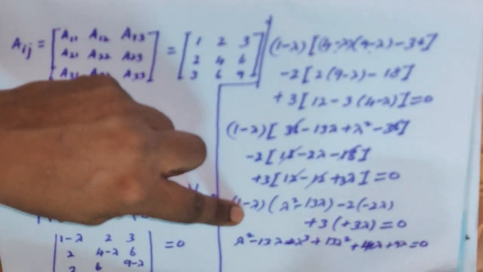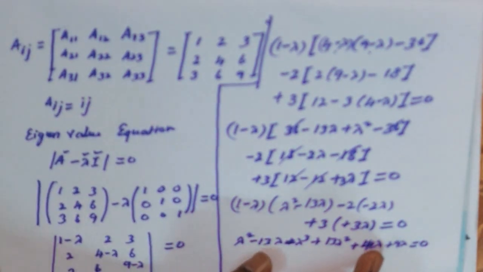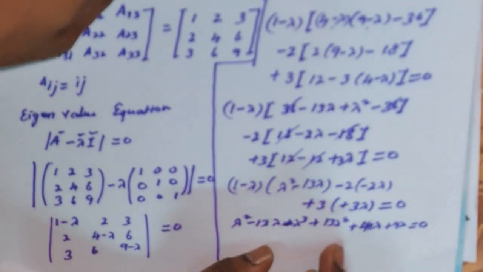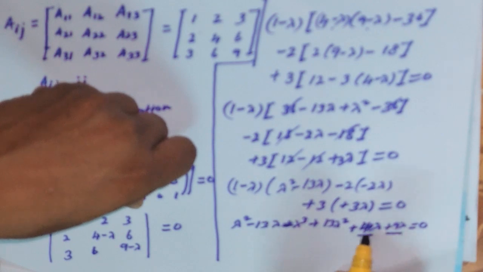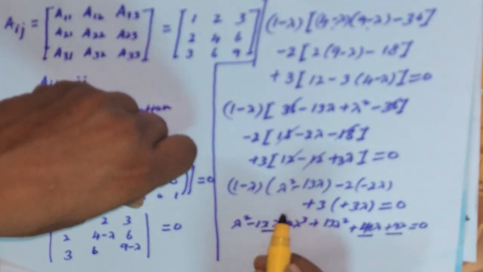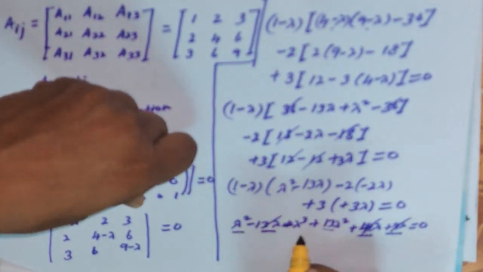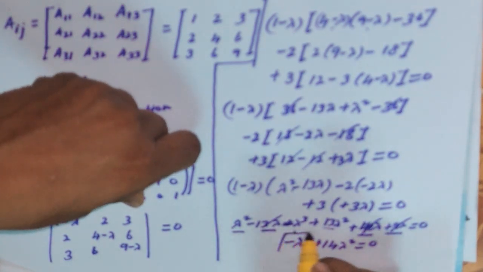This goes to 0. Now 4 lambda plus 9 lambda is 13 lambda, and here minus 13 lambda, so we can cancel these two. Then we have 13 lambda square plus lambda square, so minus lambda cube plus 14 lambda square is equal to 0. This is the final equation.